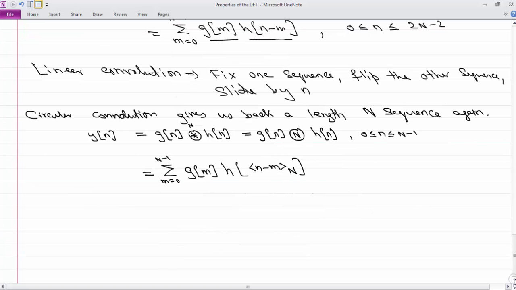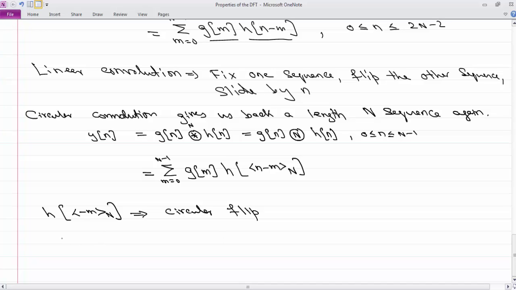And the way to interpret that is, if you first look at it, h of minus m mod N, right, you should call that a circular flip. So instead of a linear flip, you are doing a circular flip.